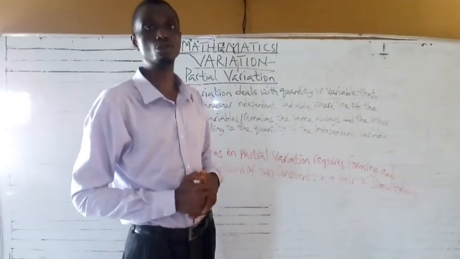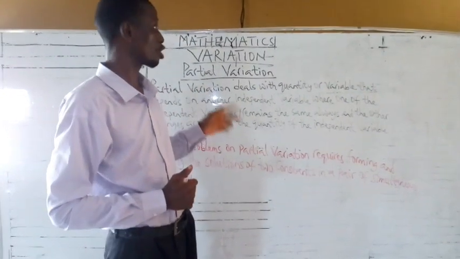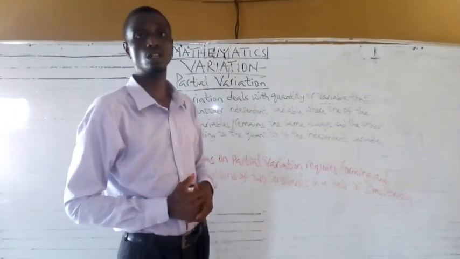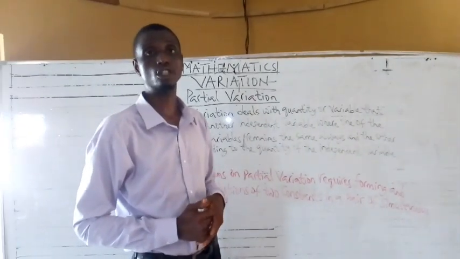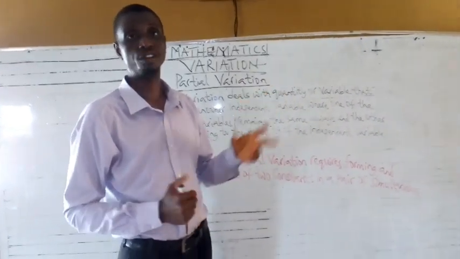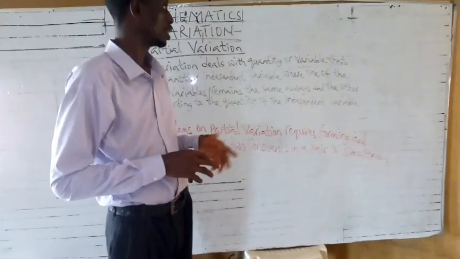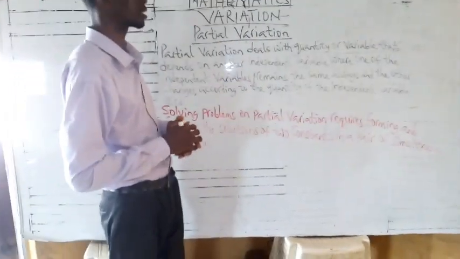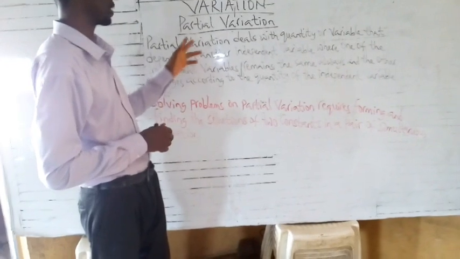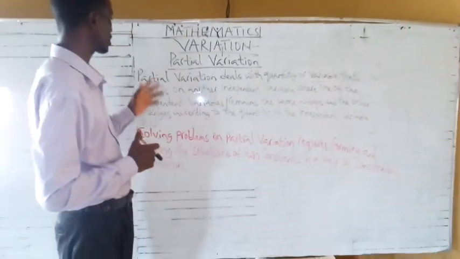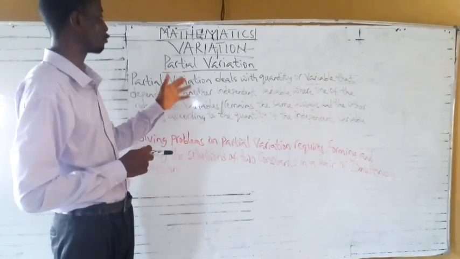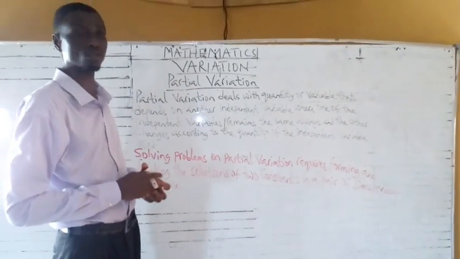But in this episode too, we have been able to solve questions on joint variation, which I rightly said is the combination of direct variation and inverse variation. Now looking at the concluding part for this episode, partial variation, I would like you to get a better understanding of what partial variation is all about.